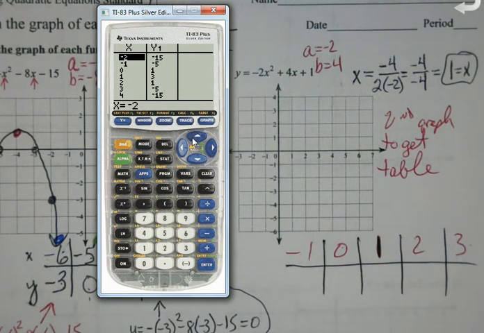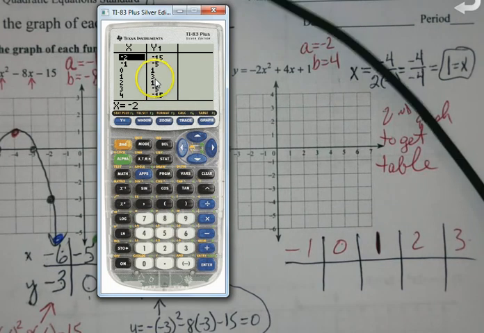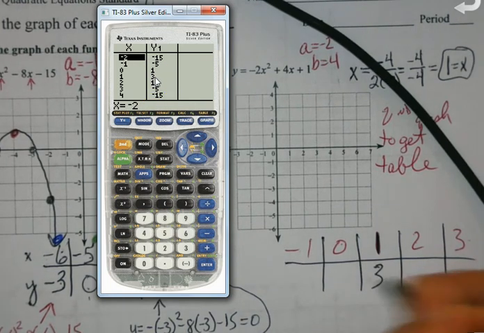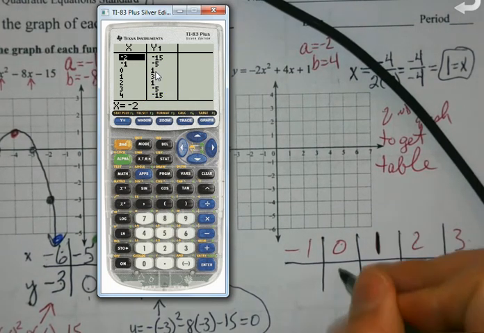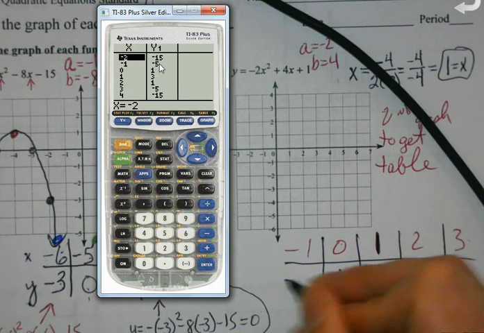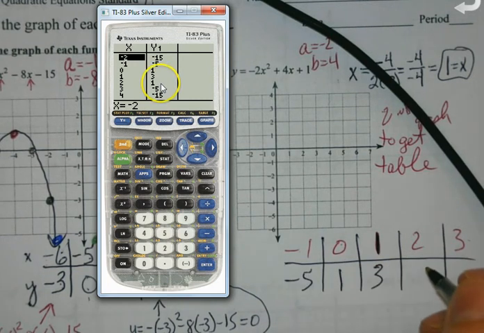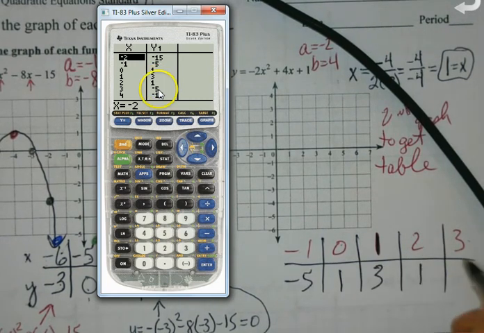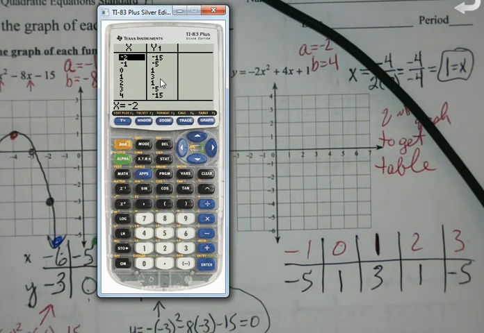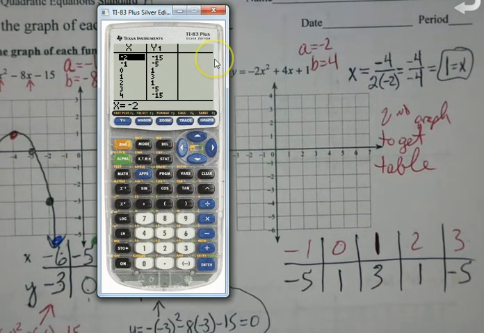And I'm just going to copy all the answers. So I've got 1, 3. I've got 0, 1. I've got -1, -5. I've got 2, 1. And I've got 3, -5. And it's symmetrical, just like the other one has been.